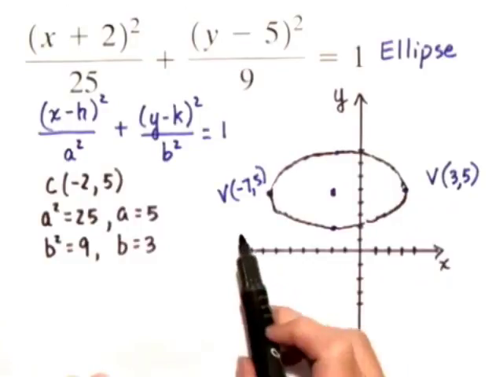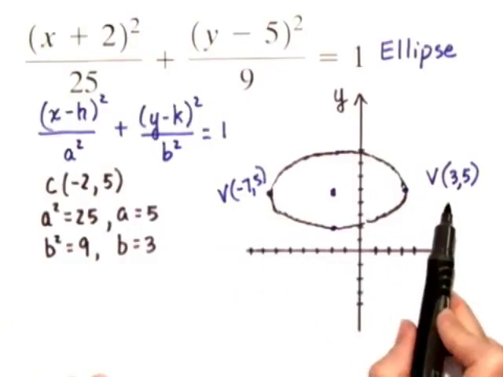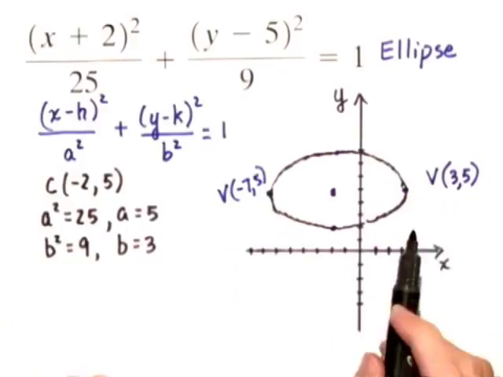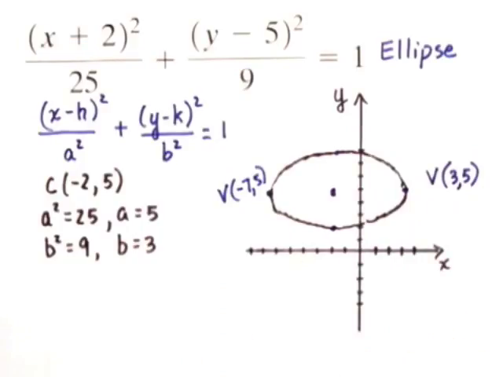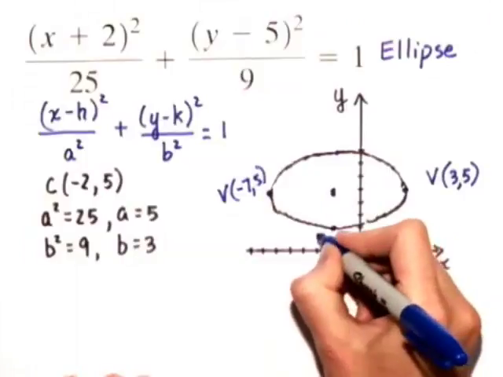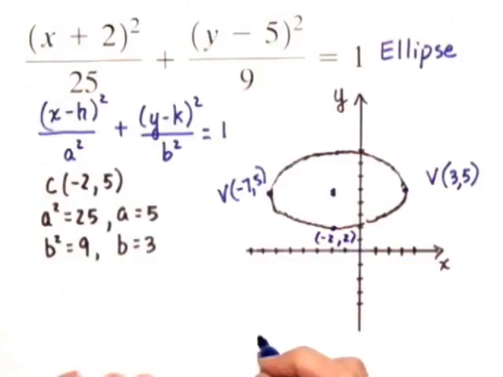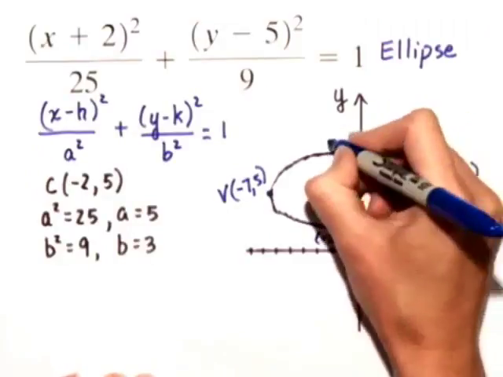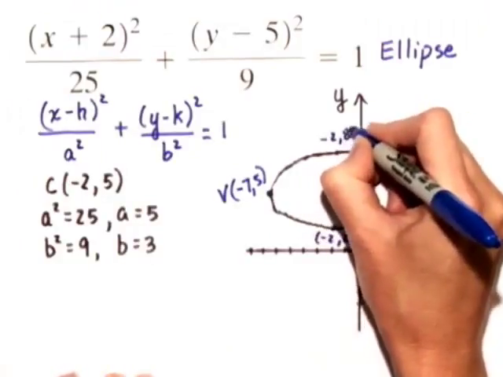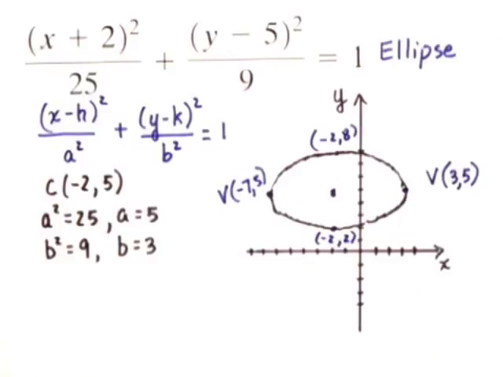So we see that we have 2 vertices, one at negative 7, 5, one at 3, 5. The endpoints of our minor axis are located right here at negative 2, 2, and also at negative 2, 8. We also needed some information about the foci.